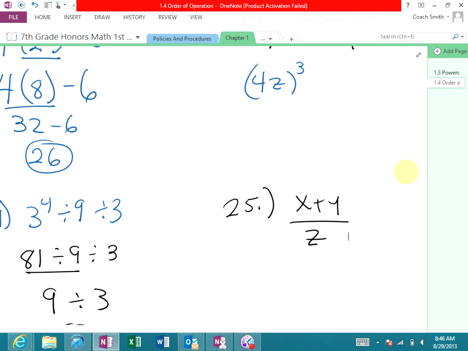When you have grouping symbols, you have parentheses, you have brackets, and you have a division bar or fraction bar. Those are the 3 types of grouping symbols. So the only difference here is you just need to simplify the top, then simplify the bottom, and then put the 2 together. You got to do whatever it says to do.